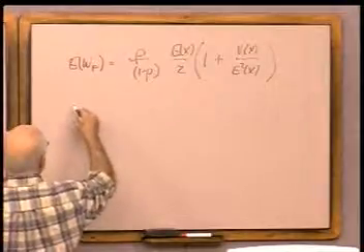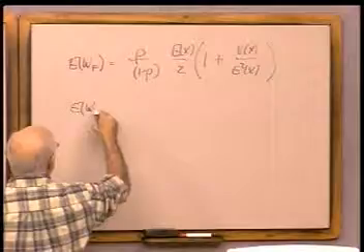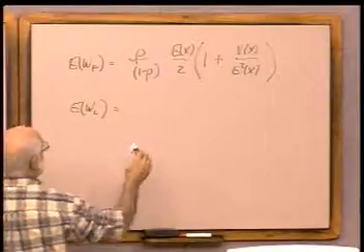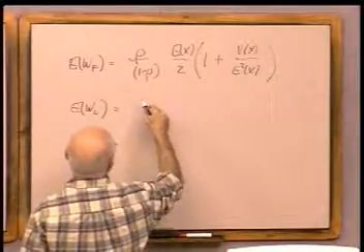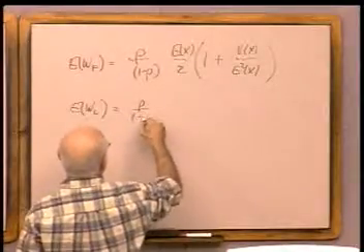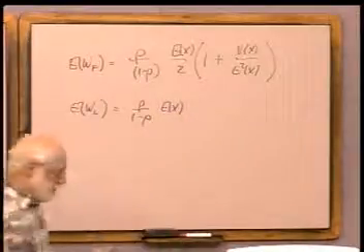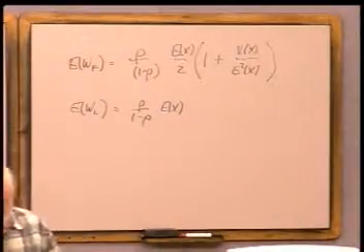Okay, now this you don't know, but now I'm going to give you a formula for the expected value of the waiting time under LIFO. And that's equal to rho over 1 minus rho times E of X. Let me make sure I remembered that right. Yep, that's what I got.